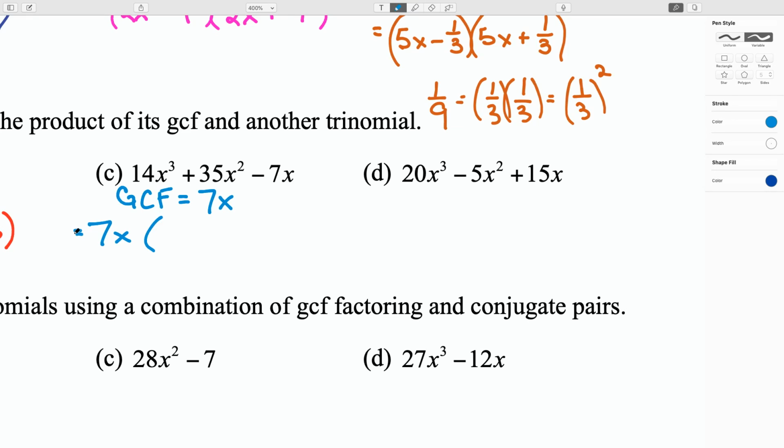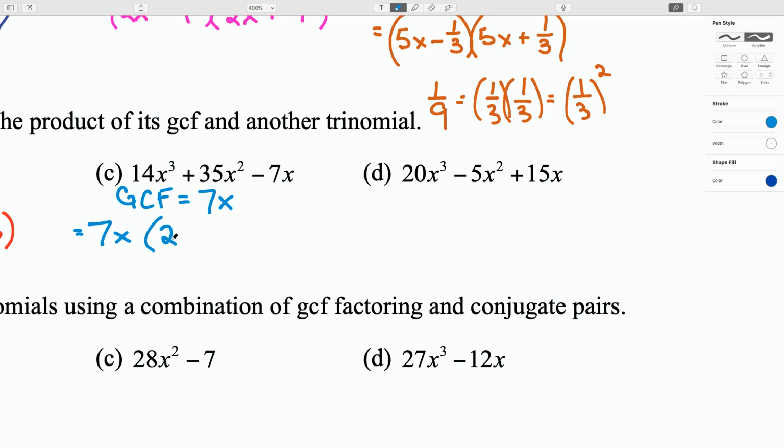If you forgot and you only factored out a 7, you would know that you forgot the x when you were done, because every term in your trinomial will still have an x. And you would just factor it out at the end. It's okay. So 7x times what will give me 14x cubed? Well, 14 divided by 7 is 2.